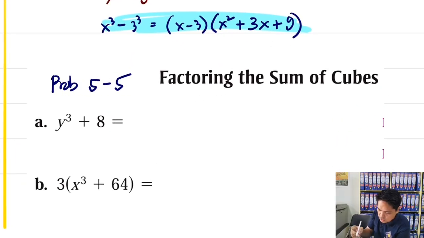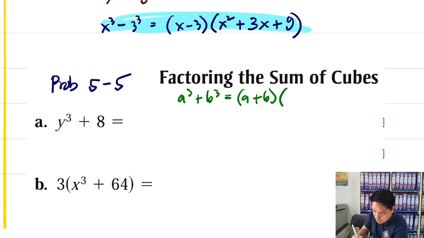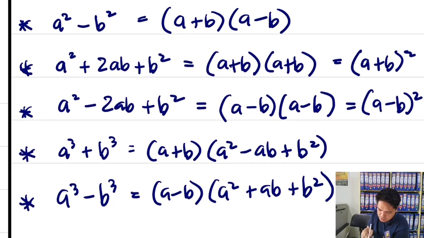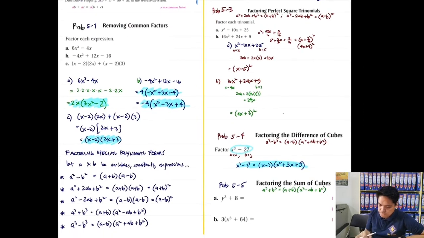Recalling the formula, or recalling the factorization, we have a cube plus b cube equals a plus b times a squared minus ab plus b squared. Okay, and that is actually this na you need to memorize. A cube plus b cube is equal to a plus b times a squared minus ab plus b squared.